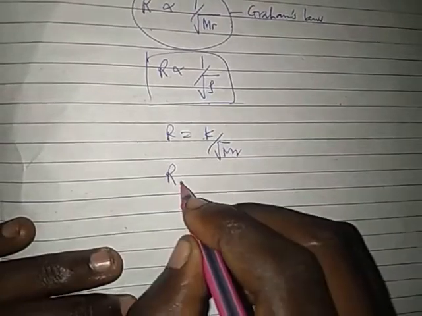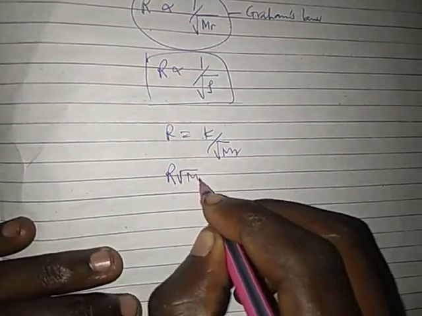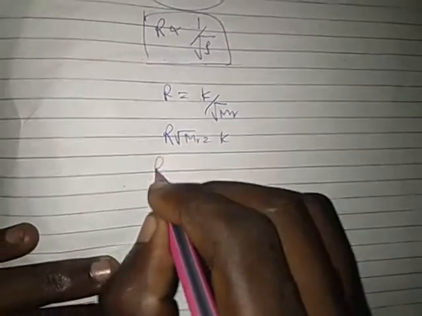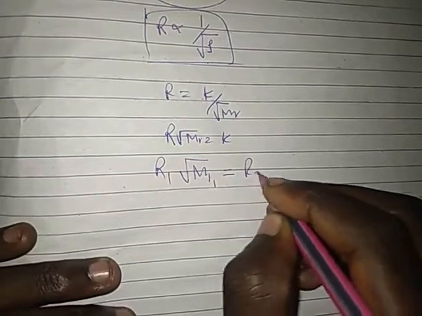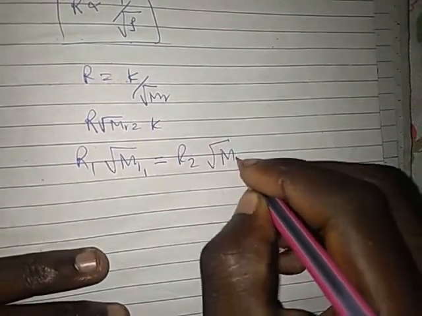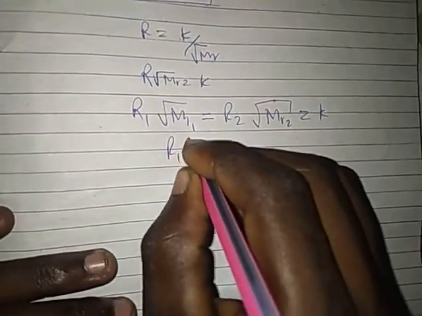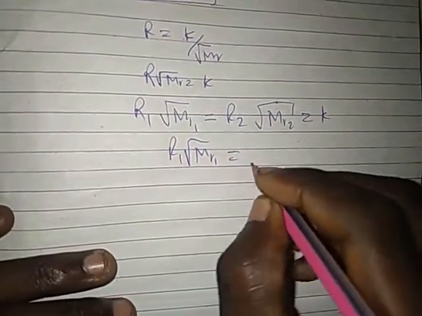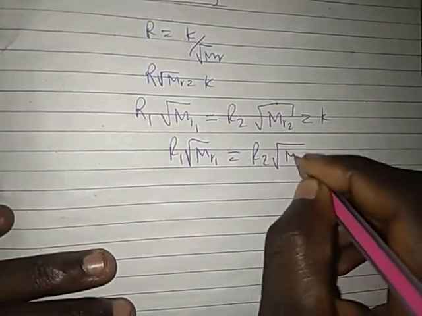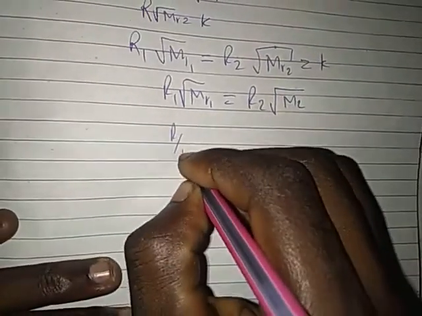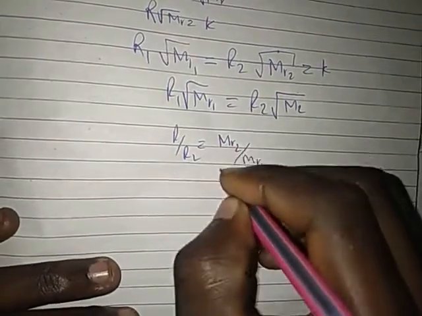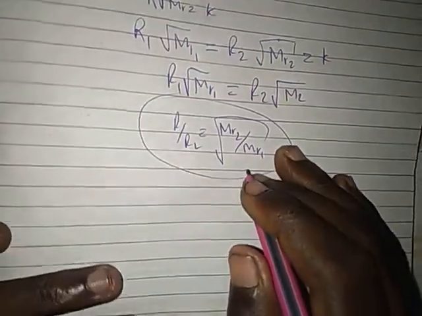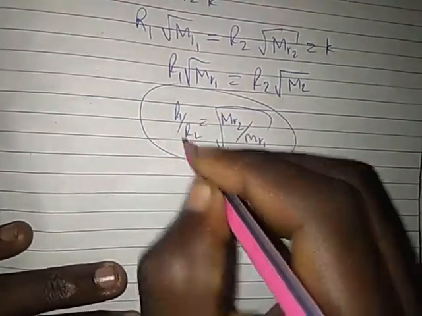So R times square root of molar mass will be equal to K. R1 square root of molar mass 1 is equal to R2 square root of molar mass 2, which will be equal to K. R1 divided by R2 is equal to square root of molar mass 2 divided by molar mass 1. That is the equation representing the Graham's law.